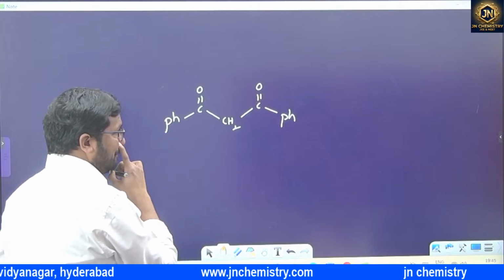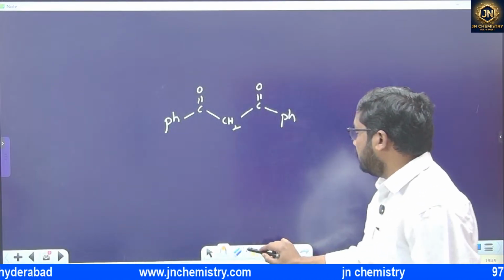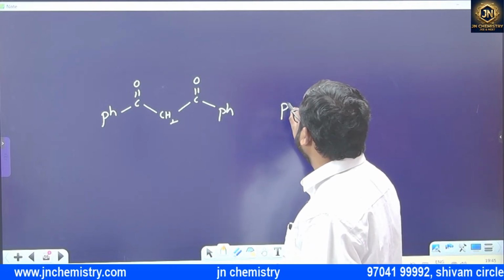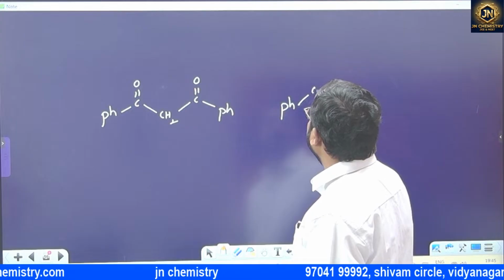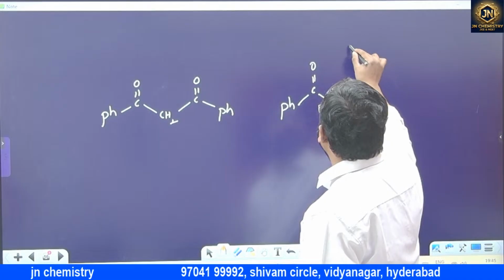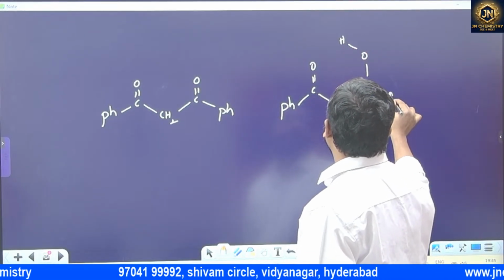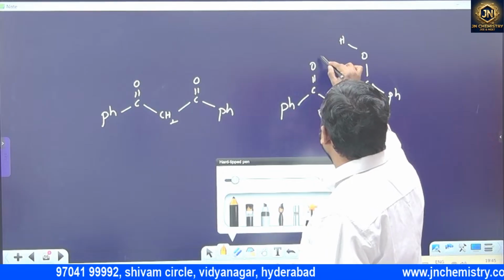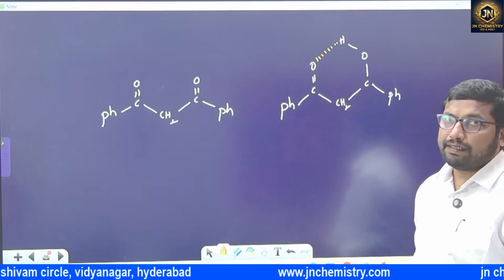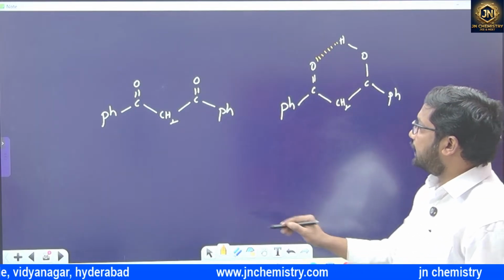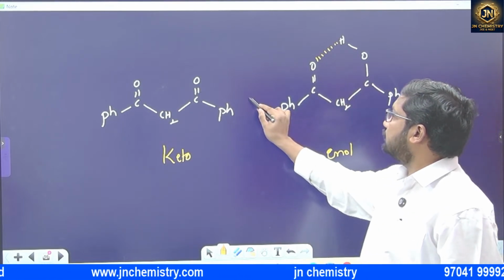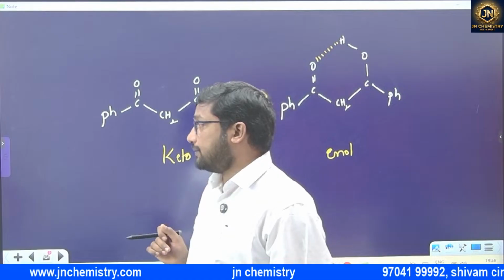Phenol. Right now, in these two cases, this keto form, this enol form. Let me know which enol form is more stable.